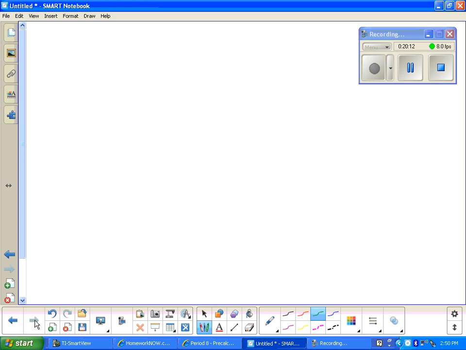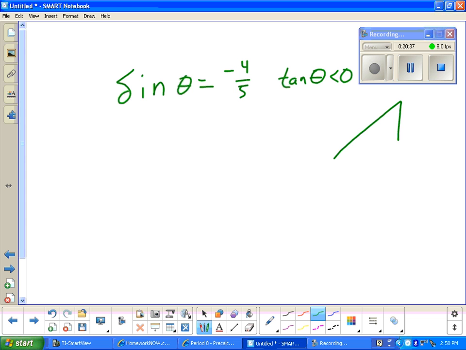All right, let's say that the sine of theta equals -4/5. And let me tell you that the tangent of theta is less than 0. Okay, this is going to combine a few things that we've talked about. If you're doing a triangle, and you basically have a 5 in your hypotenuse and a -4, and we'll get it oriented correctly in a second.